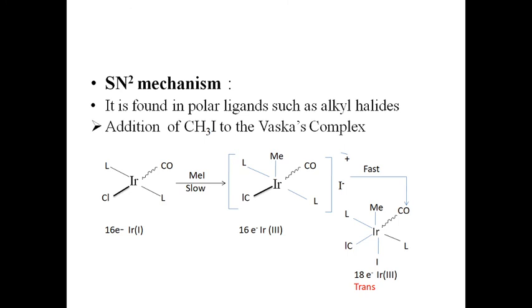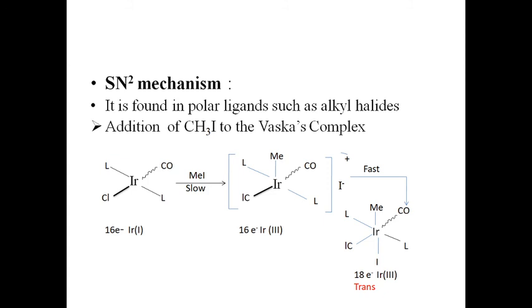ion attacks from the trans side and this step is faster. This iodide is added from the trans site, and the trans product is formed and it has 18 electron count because the iodide ion is a 2 electron donor.